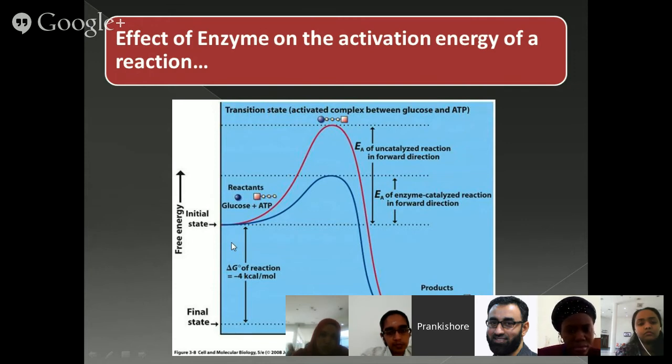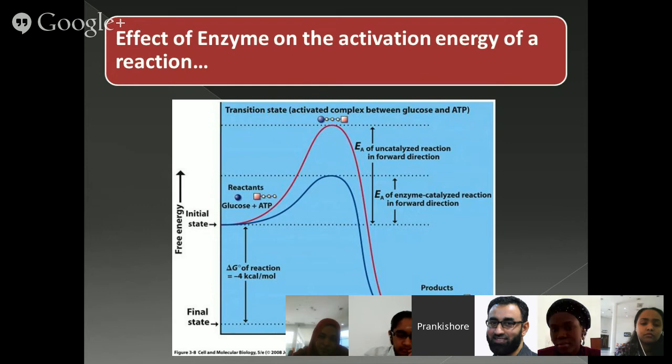Can anyone tell why glucose is converted to glucose 6-phosphate? Glucose cannot be metabolized otherwise, is it? What really happens? Usually glucose is a neutral molecule, isn't it? When glucose enters the cell, because it's a neutral molecule, it can easily escape the cell.